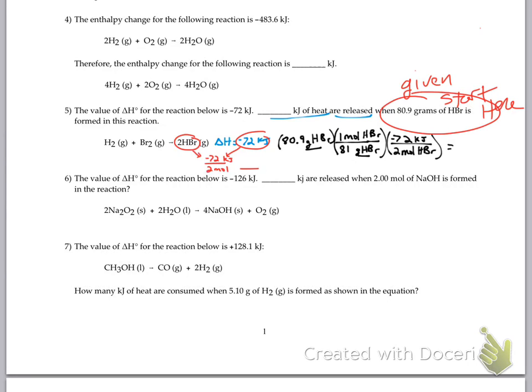And that's where this comes from. This is what we call our energy ratio, or energy per mole ratio. So I pop all those into a calculator, and I get about negative 36 kilojoules. I'm sorry, just kilojoules. What am I doing?